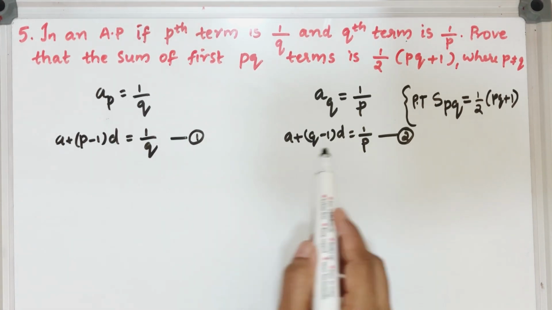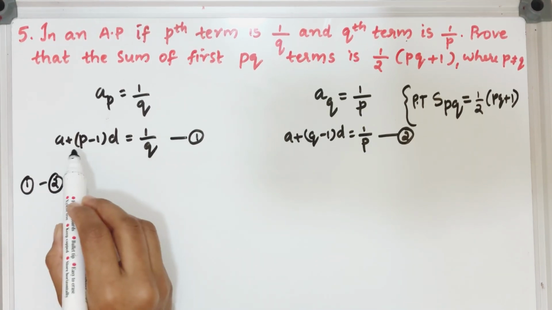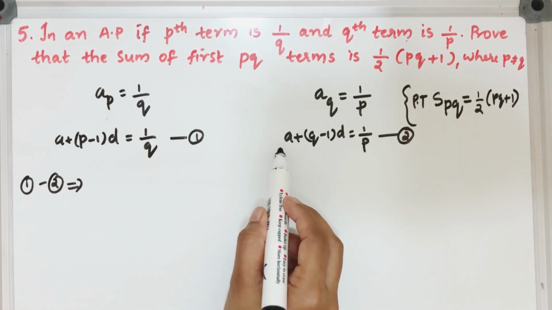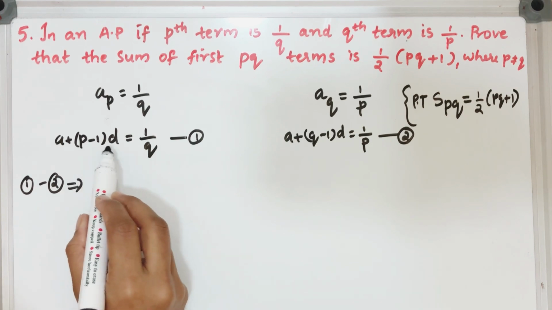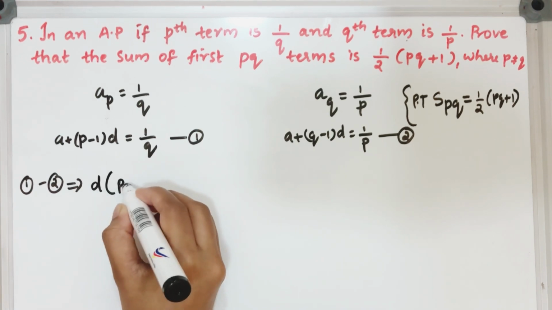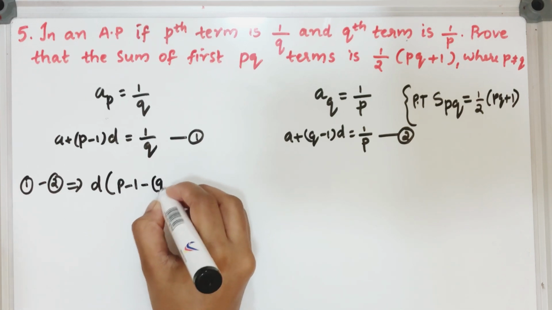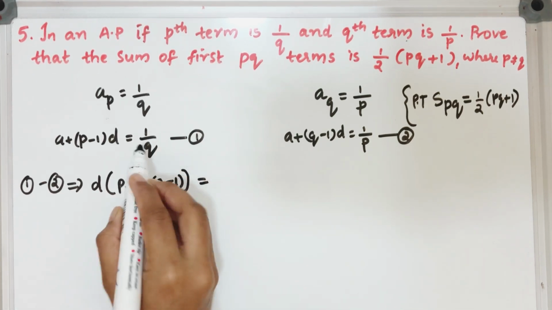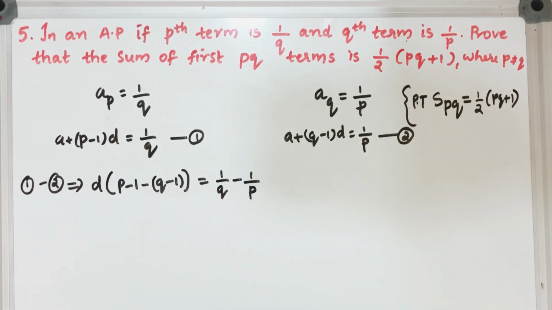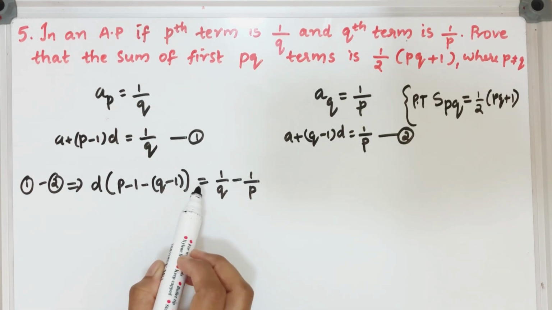Here we can do 1 minus 2. See, 1 minus 2 implies A plus P minus 1 into D minus A plus Q minus 1 into D. That is A minus A, 0, gets cancelled. Now P minus 1 into D minus Q minus 1 into D, that is D into P minus 1 minus of Q minus 1, is equal to 1 by Q minus 1 by P. See, P minus 1 minus Q plus 1, that is minus 1 plus 1 is equal to 0, gets cancelled.